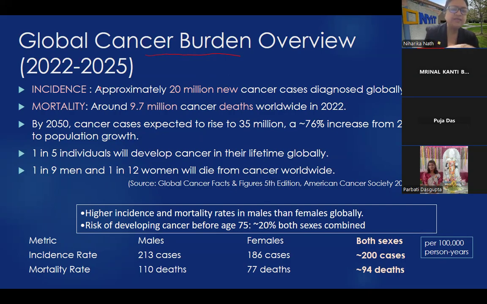Incidence and mortality are two favorite words used in epidemiology. Right now we are studying epidemiology. Epidemiology means, what's the incidence throughout the world? How many people get cancer? How many people die?